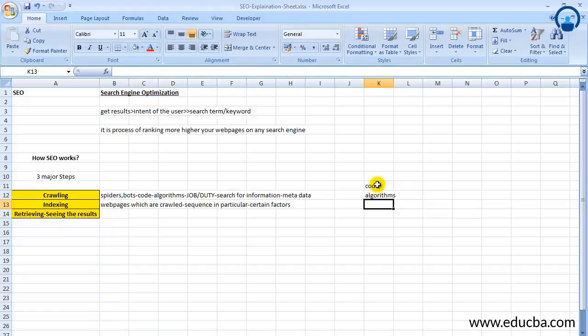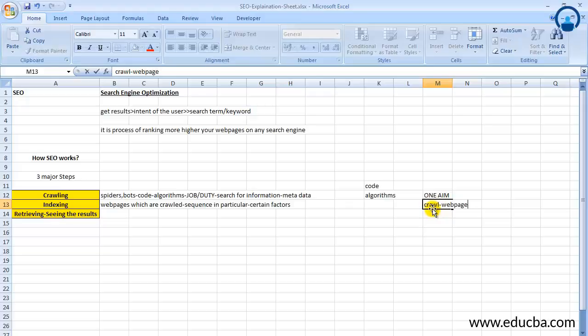These algorithms have one common aim, one common job to perform: to crawl across web pages.